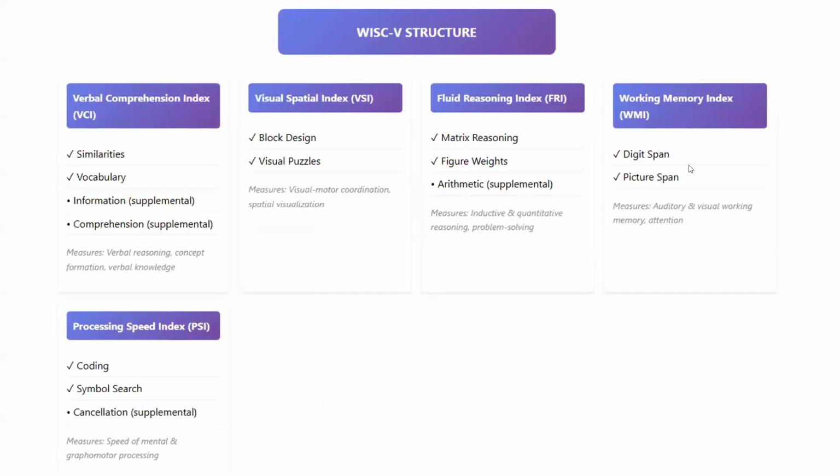Here it has been summarized. See similarities, vocabulary; verbal comprehension index means similarities, vocabulary development, information and comprehension. They can comprehend well, like that. The skills are displayed here in a comparison. You can go through this comparison structure and understand.